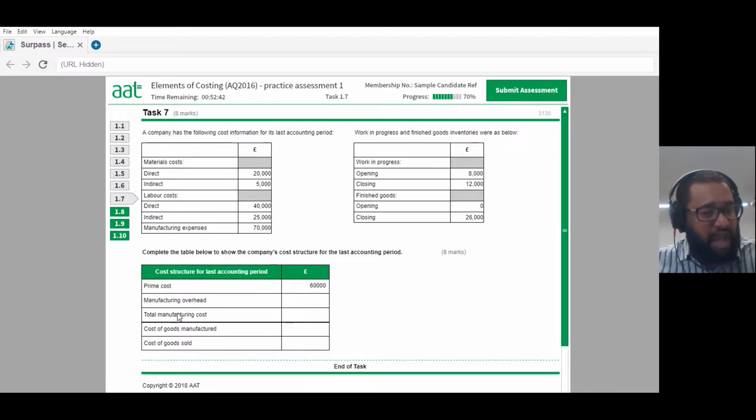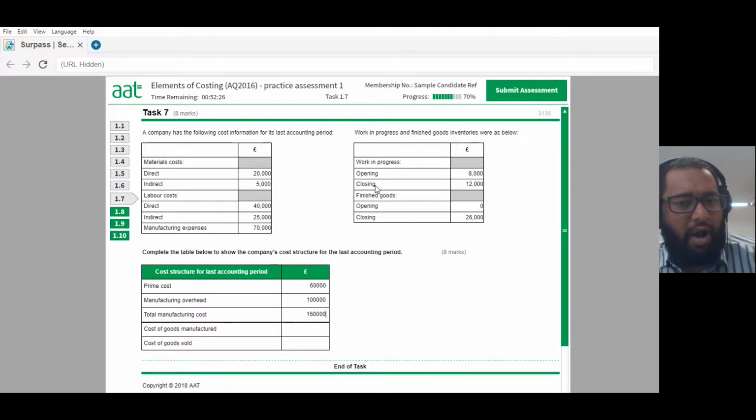The only other place they can go is under manufacturing overhead. If you add all of them together, it's £100,000. Your total manufacturing cost is going to be £160,000. Okay. But now we have to find the cost of goods manufactured. So what we need to do next is reconcile this work in progress.